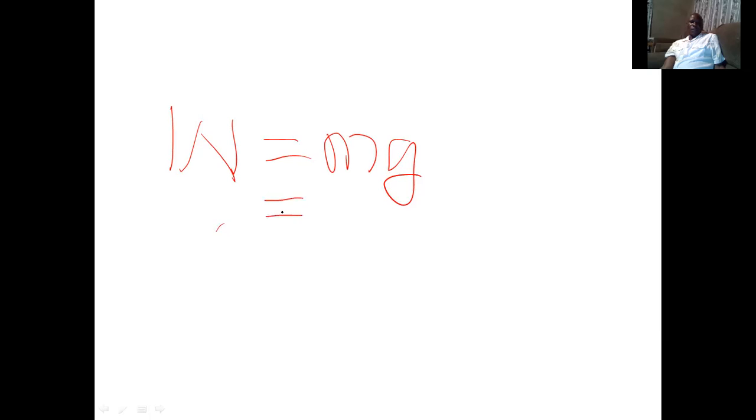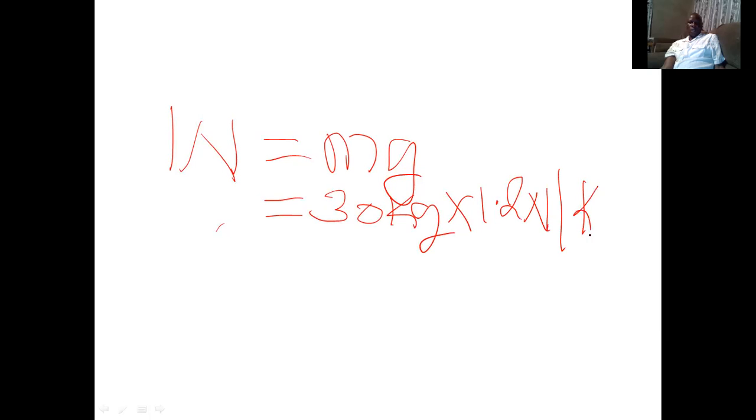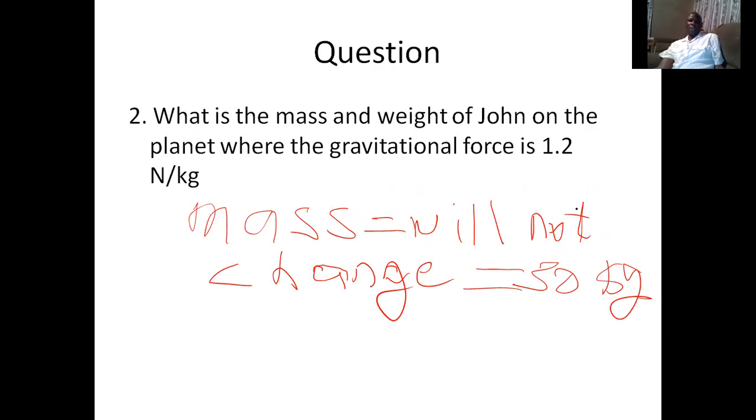The weight, as we indicated, is equal to mass multiplied by gravitational field strength. So on this planet, the weight would be 8 kg multiplied by 1.2 newtons per kg, because we said that the gravitational field strength there is 1.2.